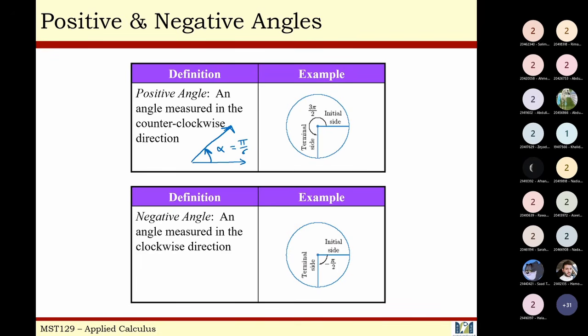So this is positive pi over 6. If the direction of the terminal side is counterclockwise, this is the positive angle. This is the initial side. This is the terminal side.